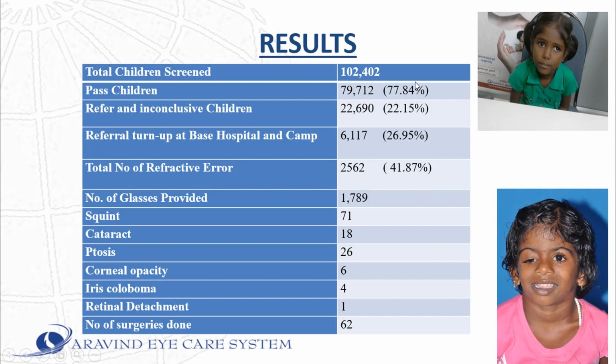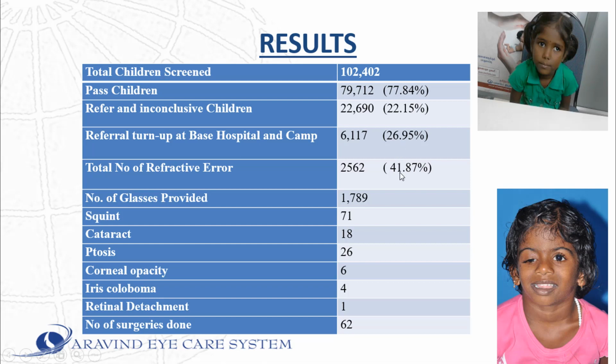With this, we did almost 1 lakh plus children. You can see the pass children are almost 77%. You don't expect much refractive error under the age of 6, more squint and cataracts. But to our surprise, almost 22% were referred, but only 1/4 of the children came to the hospital.